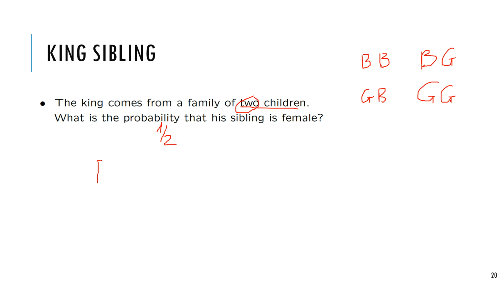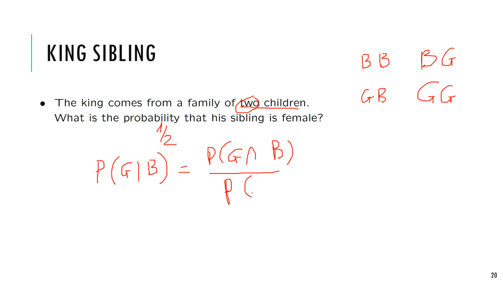It means the probability of girl given boy. We can use the probability of girl and boy divided by the probability of boy.